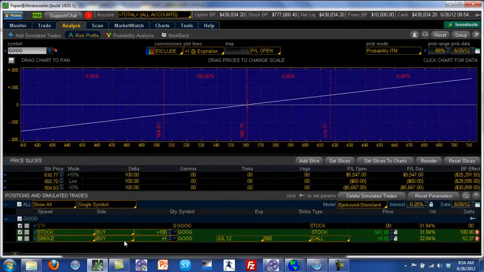So the big difference you can see is that when you buy stock, even if you have a margin account, you're going to have to put up this $28,000 as capital to buy 100 shares of Google. Not only that, if you buy 100 shares of Google, your risk on the downside is unlimited all the way down to zero.